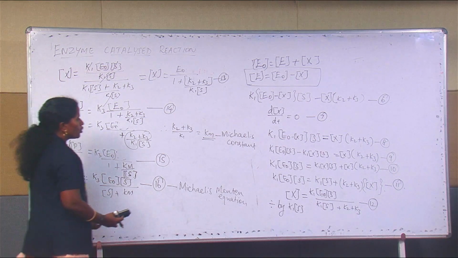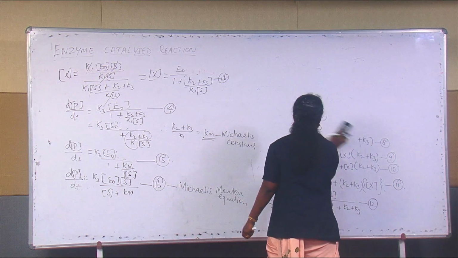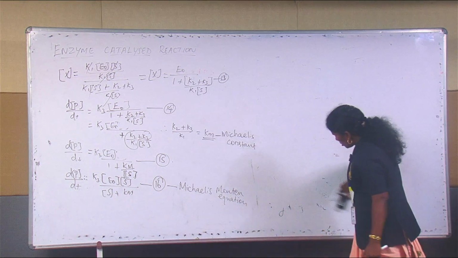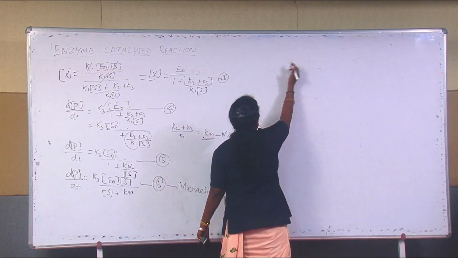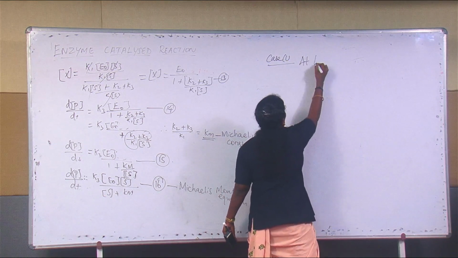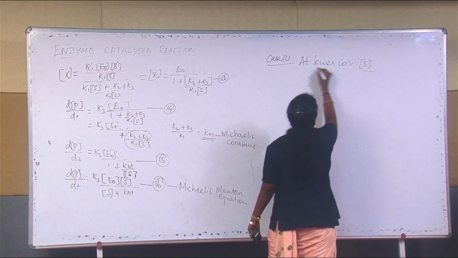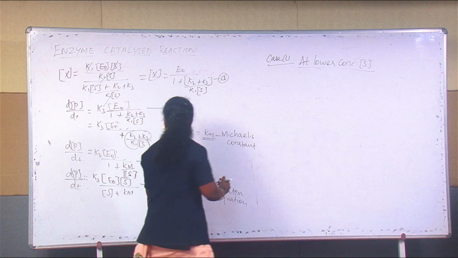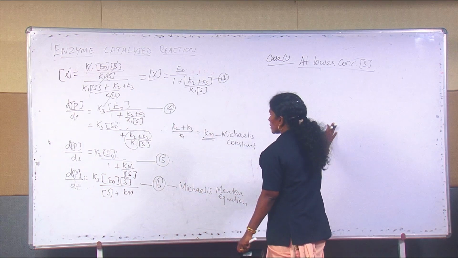Here there are two important cases we apply. From that equation we can apply the two cases. Case 1, at lower concentration of the substrate, the rate of reaction increases initially.